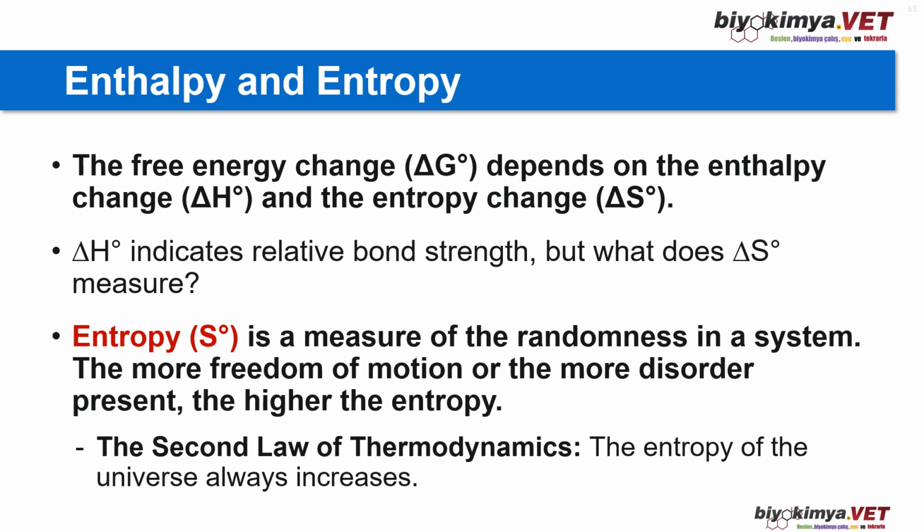And the Gibbs free energy, or the free energy change, depends on the enthalpy and entropy. And entropy, an alternate definition, is the disorder of a system, which is related to the number of states in which the system can exist.